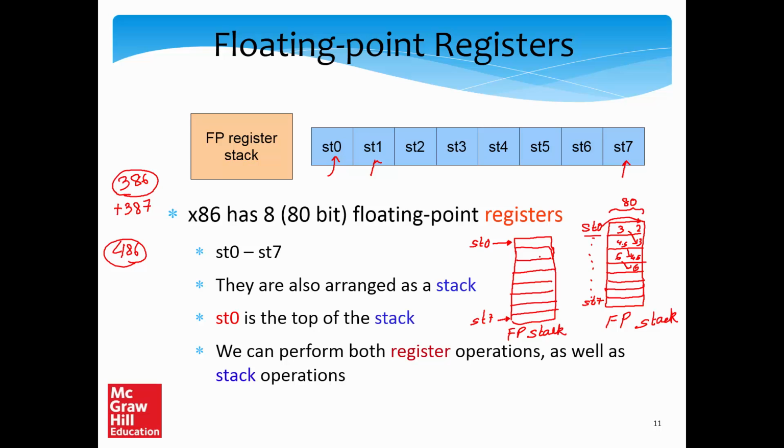So if I push or pop the stack, then the elements move, so the value of these registers will also change. Right? So essentially it's not a register in a registered sense. It's only something which tells you that, let's say for ST3, for the third position from the top of the stack or the fourth position in the stack, what is the value?